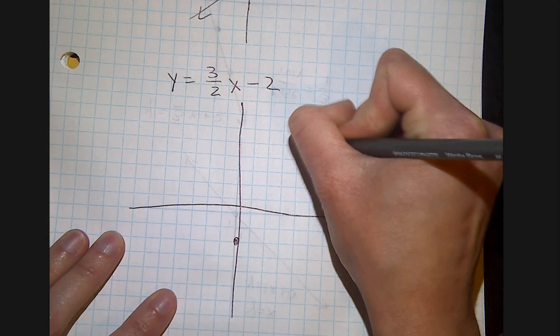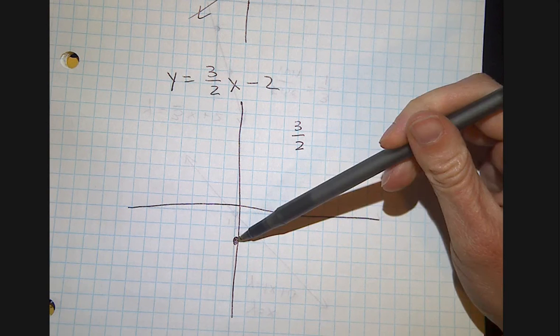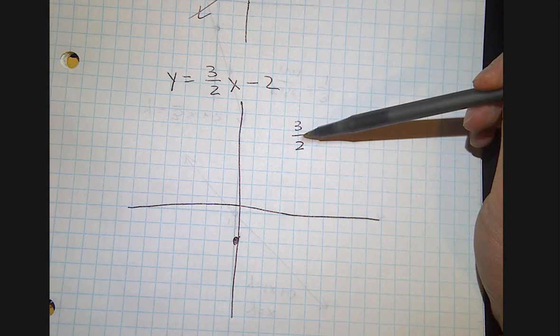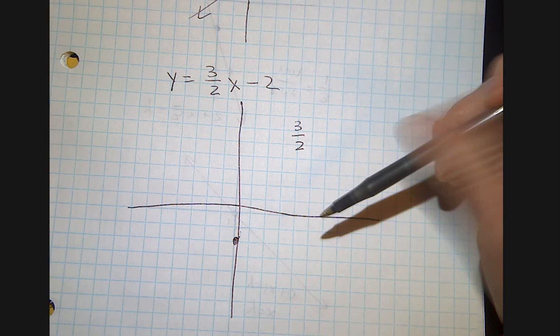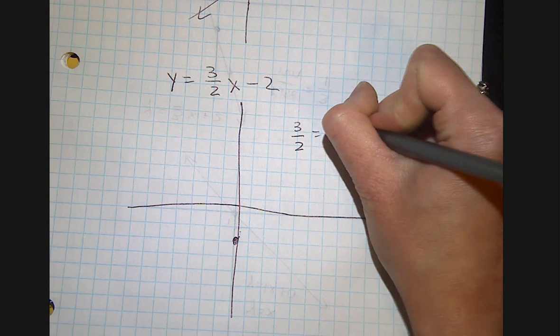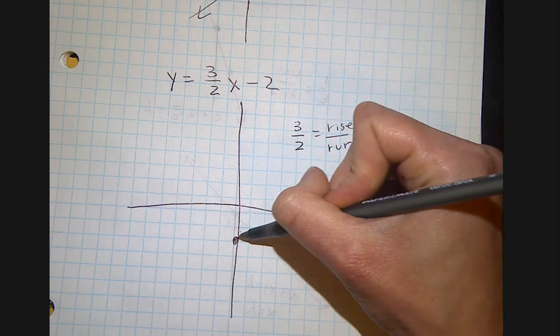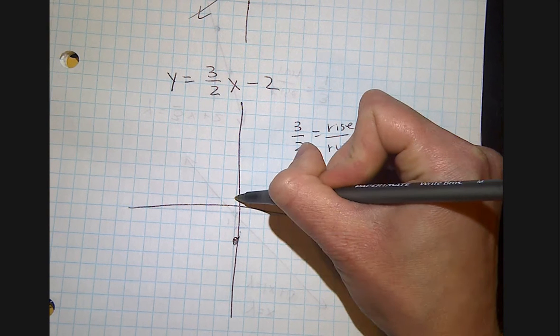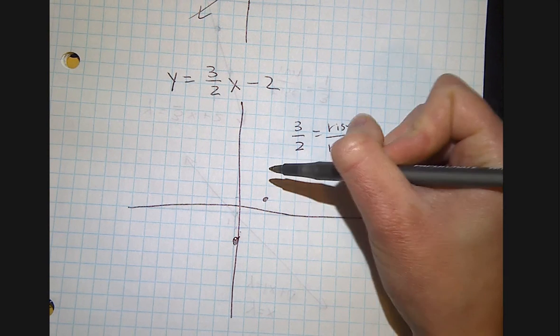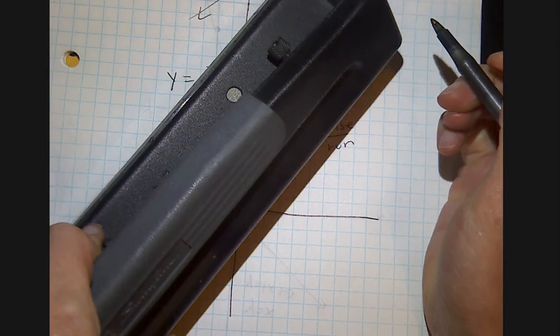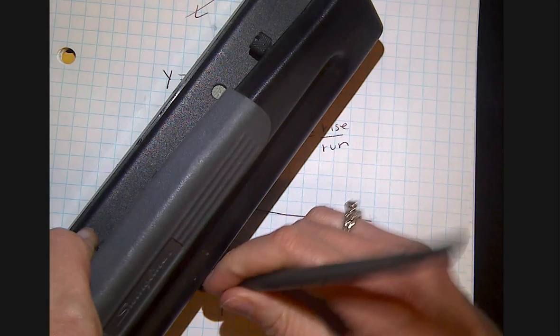I'll see some people say 3/2 is 1.5, so I'm going to rise 1.5 and run 1. Don't do that. It's a fraction, just work with that rise and run. So I'm going to rise 3 and run 2, and draw my line. That's what you should have had.